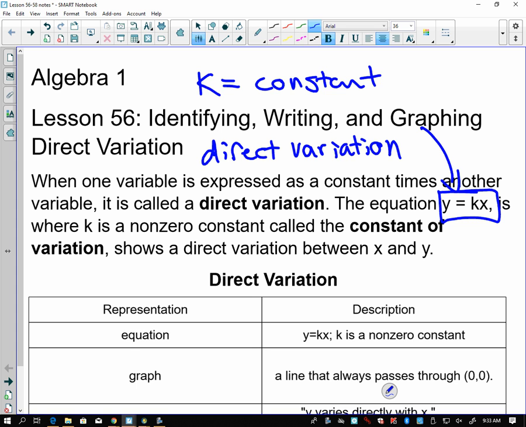Okay? So for instance, we would use something like this to solve real-world problems. Let's say that y was equal to cost, my constant was $2.19, and x is the number of gallons that I'm going to put in my car. Okay, that is a direct variation question where, let's say my mom and dad gave me 20 bucks, right?